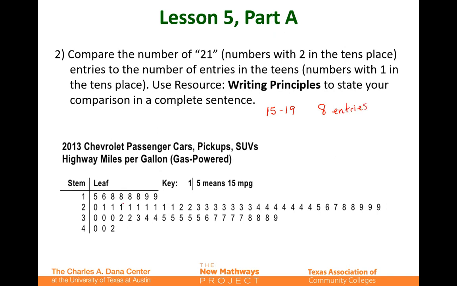If we look at the number that have 21 miles per gallon, it's this group. There's quite a few of them. 1, 2, 3, 4, 5, 6, 7, 8, 9. So at 21 miles per gallon, we have 9 entries.